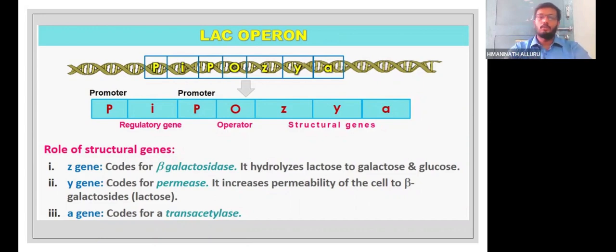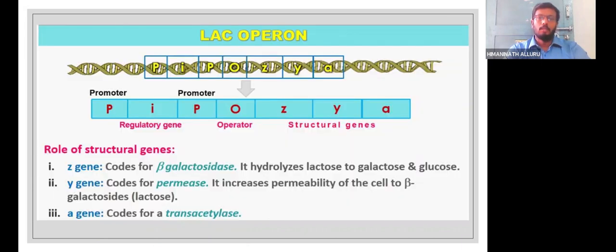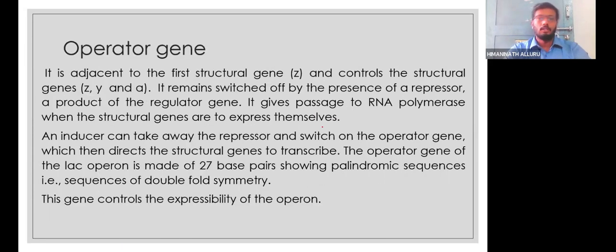The A gene codes for transacetylase. This is very important for the smooth metabolism of lactose. All three genes are very important for lactose metabolism. Even in the absence of one gene, lactose metabolism will not happen. All three genes are mandatory.